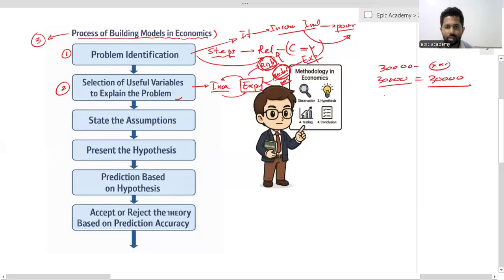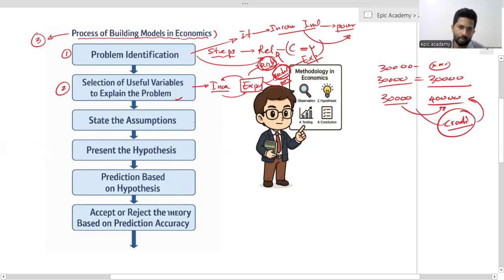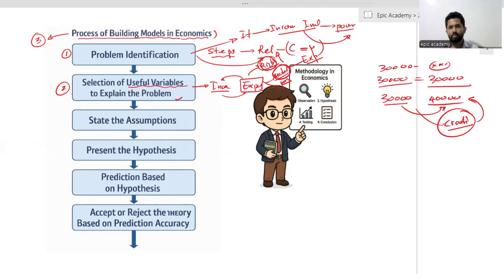But when the income increases for poor people, they will increase expenditure by that amount. They are also going to create credit because of that income. That's the nature of the poor people. You have to identify that. So identify the useful variables, what kind of determinants or variables create that kind of situation.